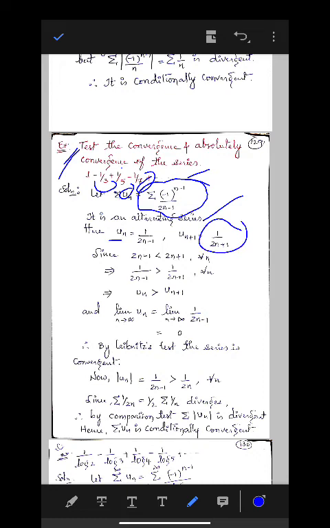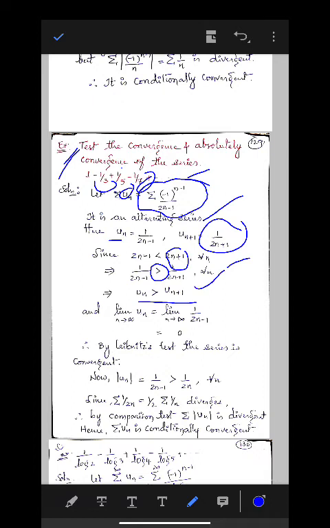Since 2n minus 1 is less than 2n plus 1, if I take reciprocals, the inequality reverses: 1 by 2n minus 1 is greater than 1 divided by 2n plus 1. This is true for all n. Therefore un is greater than un plus 1. The first condition of Leibniz theorem is true.